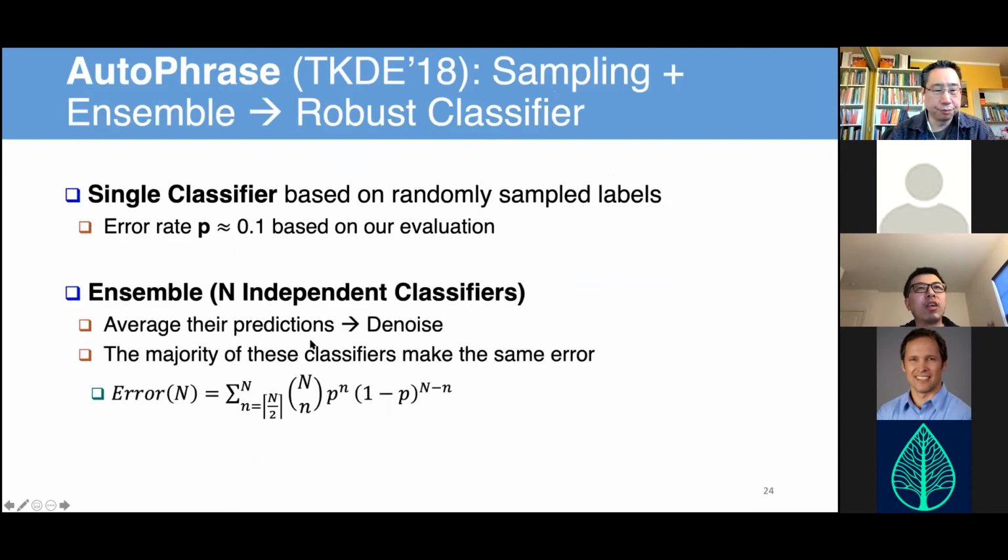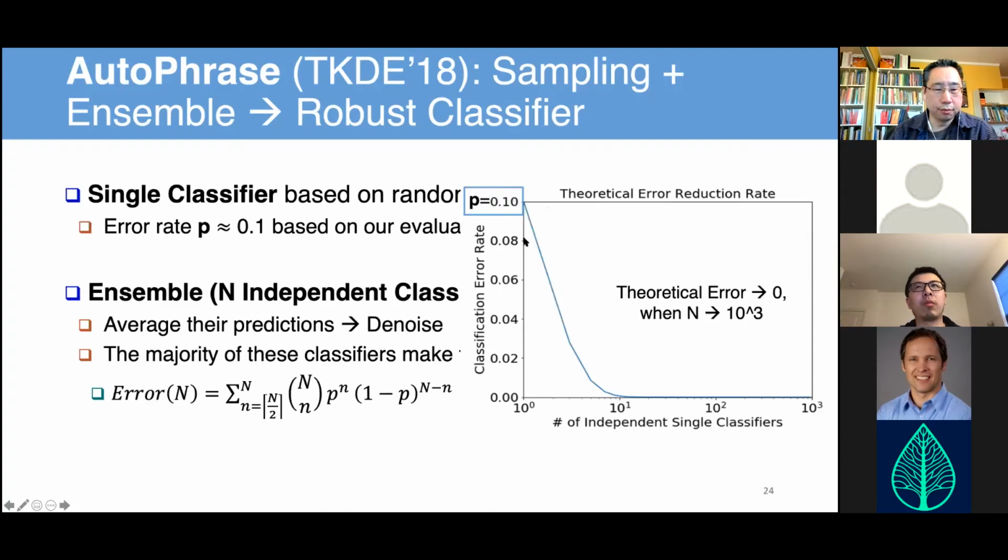And ideally, if we do some ensembling using independent classifiers, you can tell this error will drop dramatically in an exponential way. So this is the idea you can expect theoretically. But of course, in practice, it's hard to make sure they are really independent. There must be some dependency.